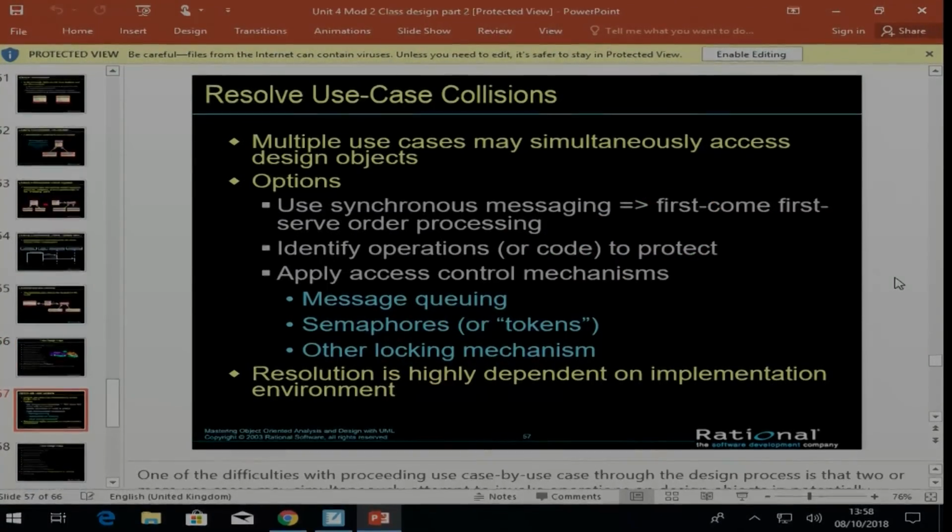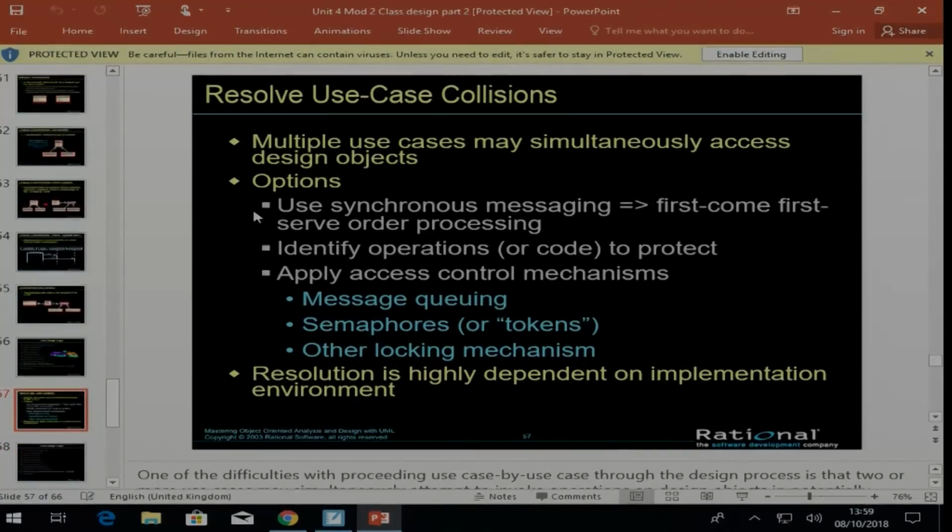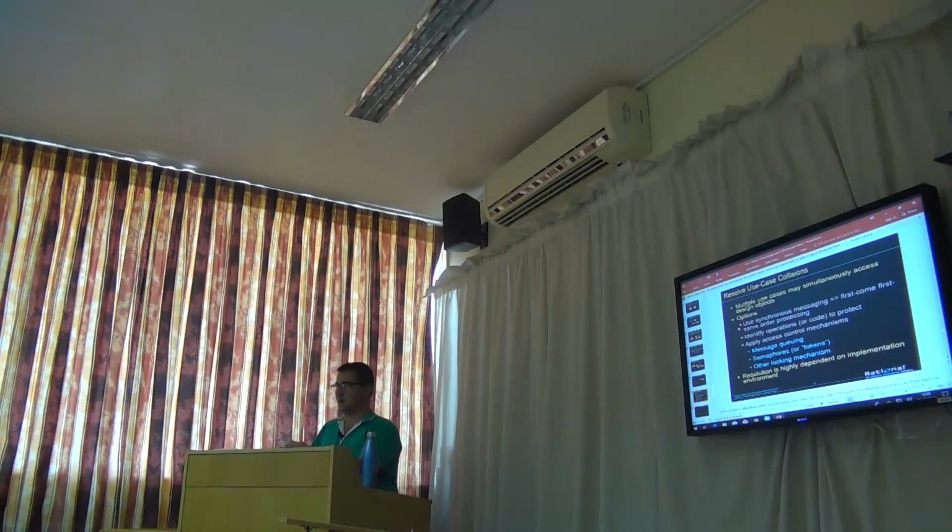Okay. So then there was just a matter of introducing how to resolve use case collisions. Now, what is a collision? They're mentioning to us here: if multiple use cases have simultaneous access to design objects, how are we going to handle an object being accessed multiple times at the same time? Okay.